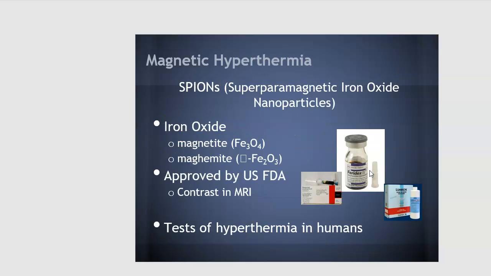And this is already approved by the US FDA agency also, where iron oxide is routinely used as a contrast agent in magnetic resonance imaging, and also they are successfully tested for hyperthermia application in humans.